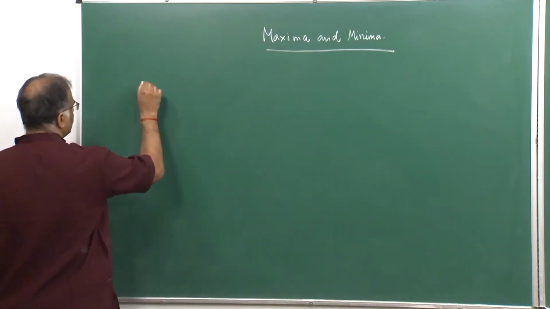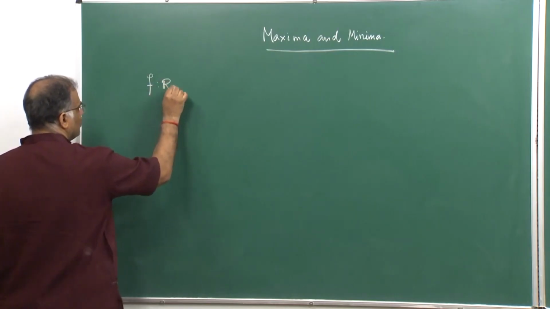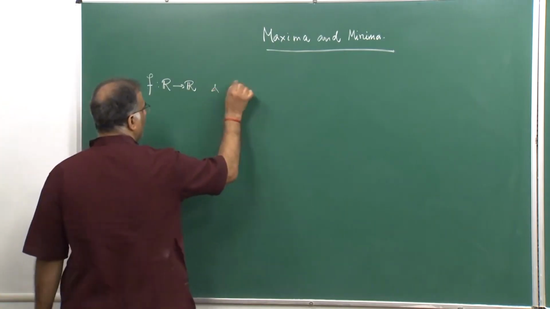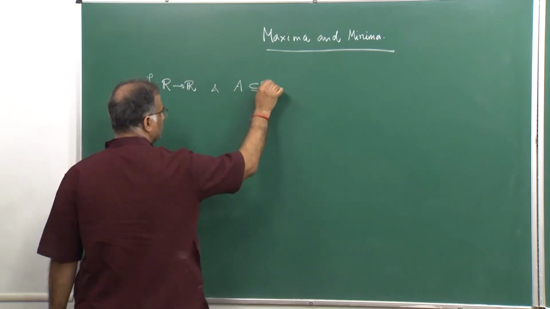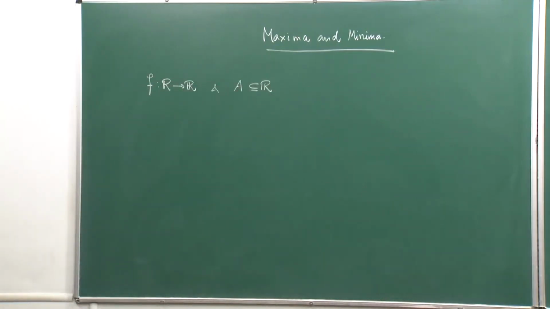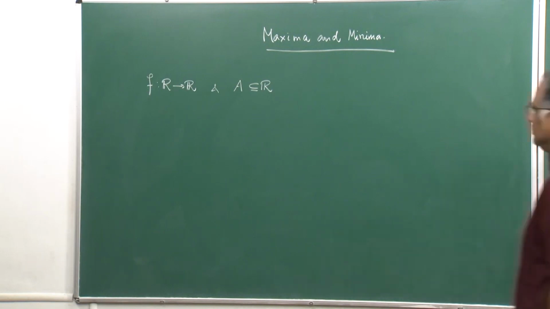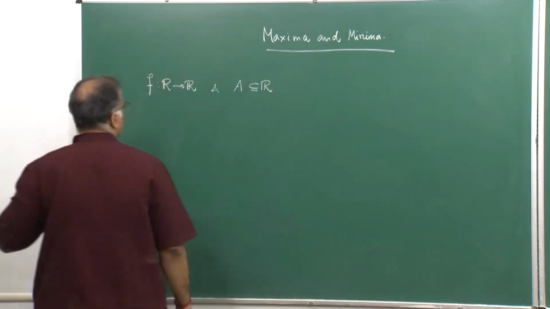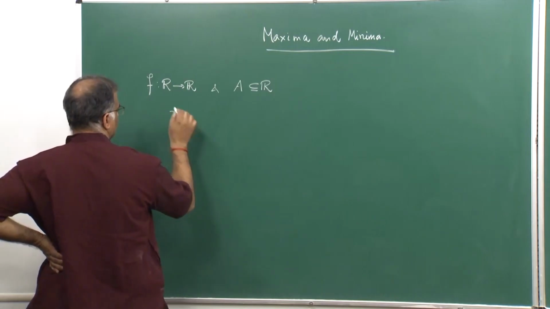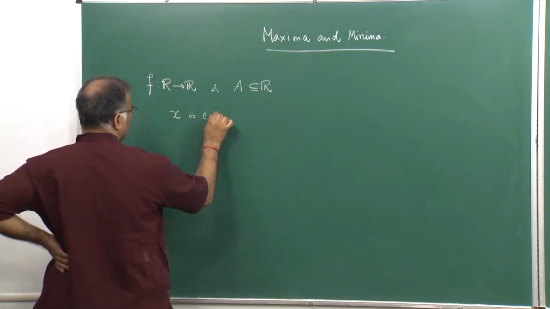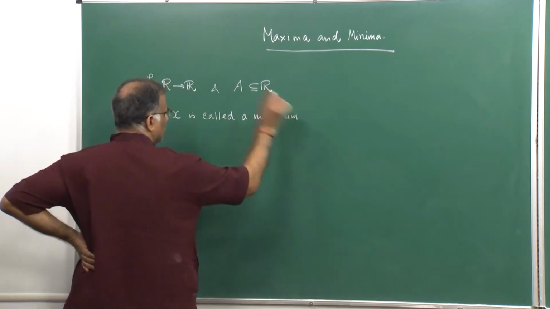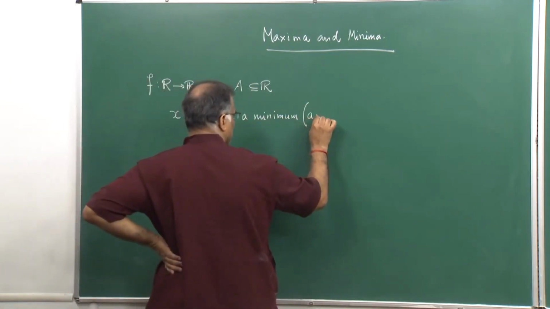So, suppose f is a function from R to R, and A is a subset of R. Here I have given this equal to sign at the bottom to show that A could also be R. A is a subset of R and x is called a minimum, or sometimes people also call it a minimizer.